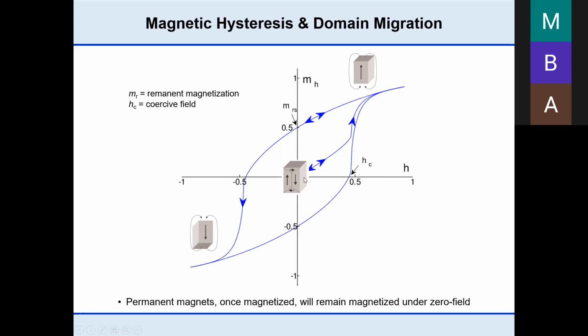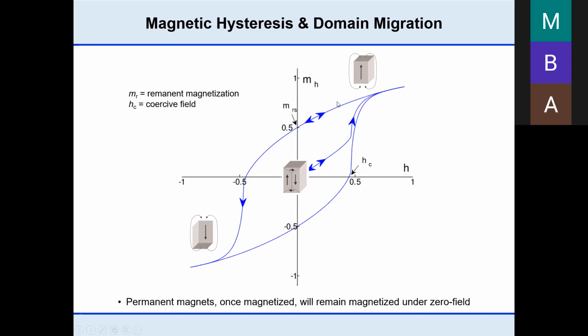To walk you through this plot again, on the y-axis we're plotting sample magnetization, which is the strength of the magnetic field coming off of our sample, versus an applied magnetic field, which is H. At the start, we're at zero field, our sample is fully demagnetized. But when we apply a strong enough magnetic field, we can fully saturate the material, as shown here.